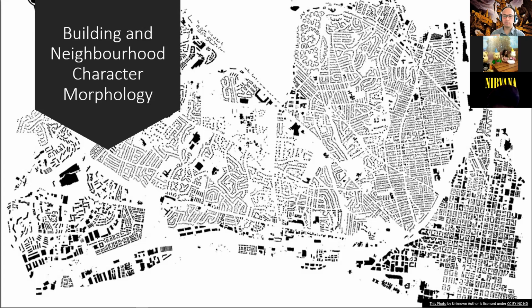This technique is called figure ground mapping. This sort of mapping involves just two elements: the building footprints, or the figures, the black or darker shaded areas that you see, and the spaces between the buildings, also known as ground. So all this white space is called ground, and the black bits are called figures.